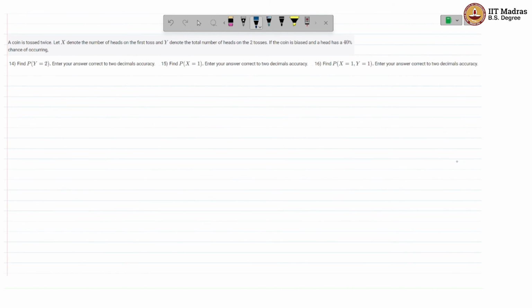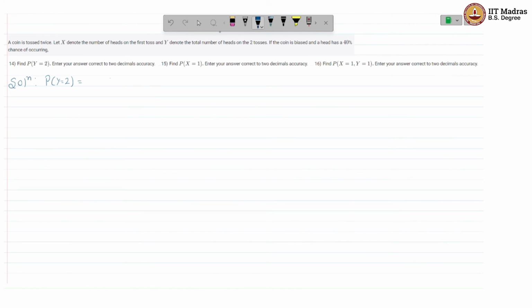Now coming on question number 14. Question number 14 says that a coin is tossed twice. Let X denote the number of heads on the first toss and Y denote the total number of heads on two tosses. If the coin is biased and a head has 40% chance of occurrence, find the probability that Y is equal to 2. This means that we have to find the probability that on the first toss we got heads and on the second toss as well we got heads.